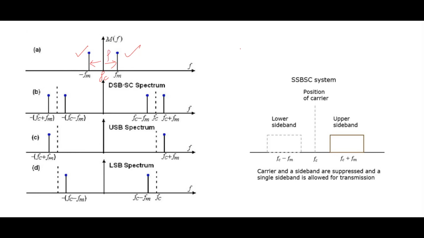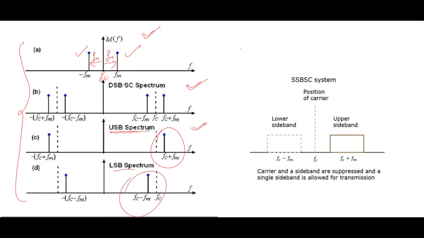As we know, the distance on either side is fm only. In this diagram, this is the Fourier spectrum of your message signal. Then the DSB-SC spectrum, and then, if you have selected USB transmission, you can see the USB spectrum. Likewise, if you have selected LSB transmission, then the LSB spectrum is present.